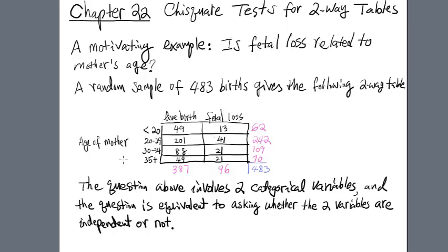The row variable can take three values, or rather four: age of mother can be less than 20, 20 to 29, 30 to 34, or 35 or older. And birth can be live or fetal loss.